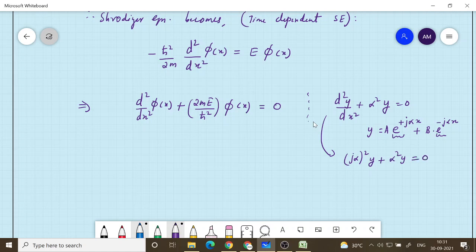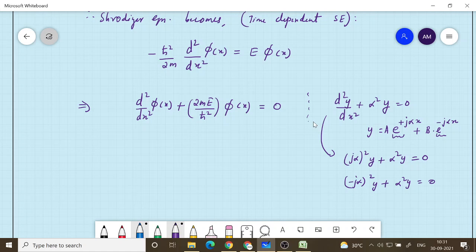You can see that it is satisfied because j square is minus 1, so it is minus alpha square y plus alpha square y, and that is equal to 0. I can take the second solution also, e raised to minus j alpha x. The only difference is that I will have minus j alpha the whole square into y, plus alpha square y.